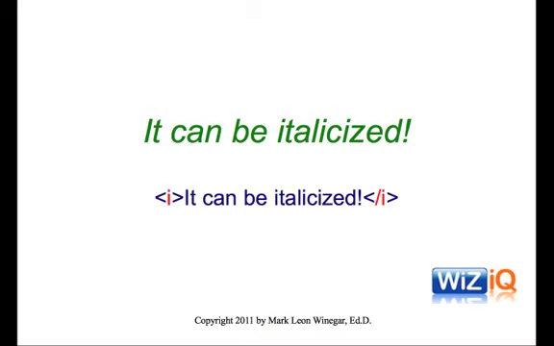HTML evolves over time. Bold-facing and italicizing were original text formatting tags. And at that time, the designers of HTML thought, let's make tags short and sweet. So I for italics, B for bold.